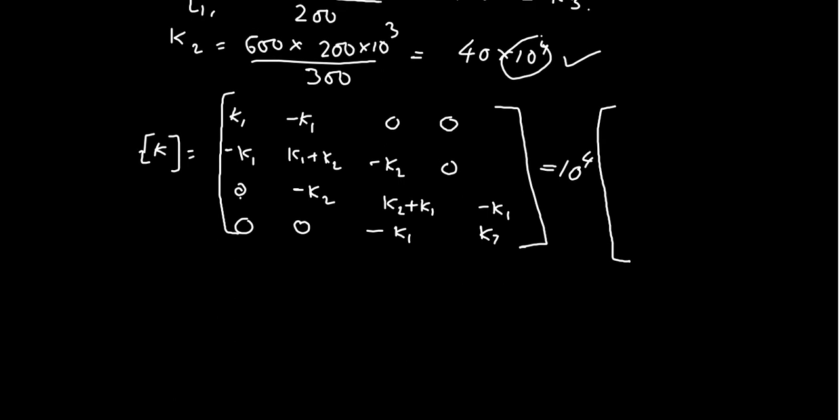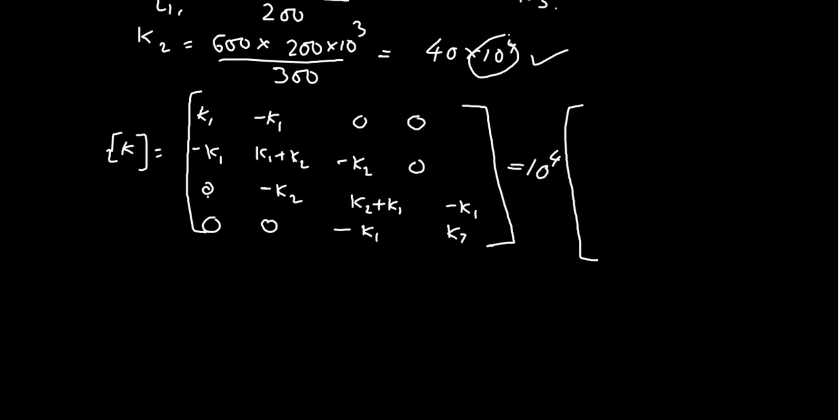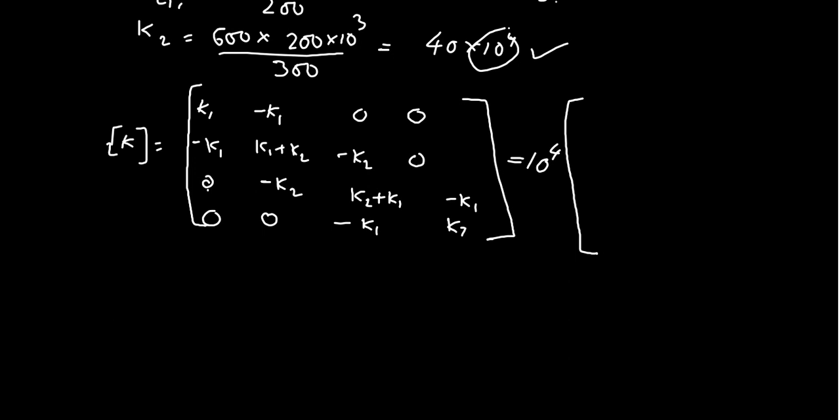So 84, minus 84, 0, 0, minus 84, and K1 plus K2, it means 84 plus 40, it is 124.